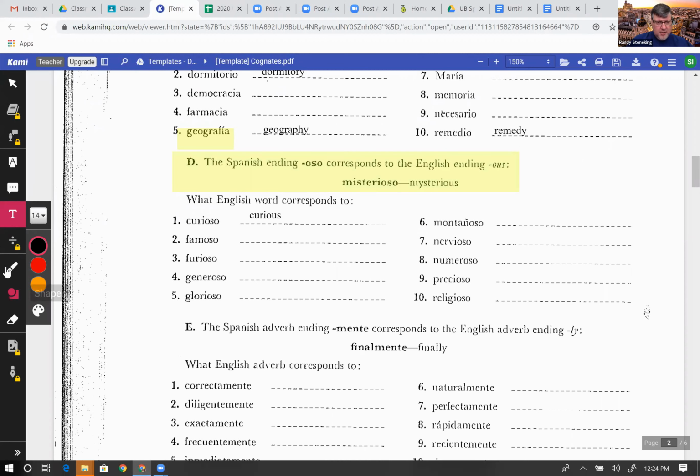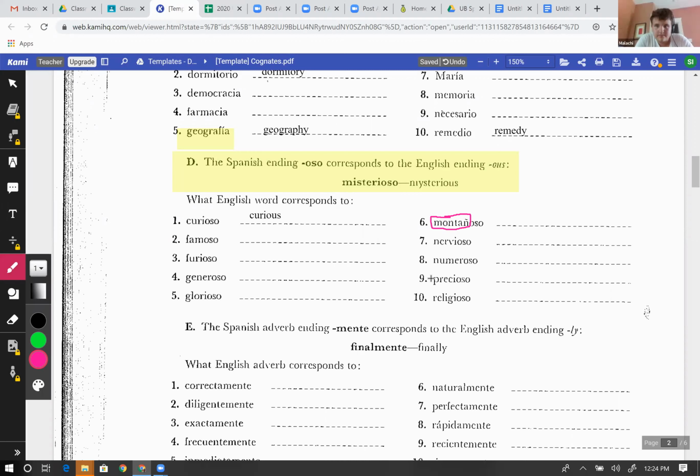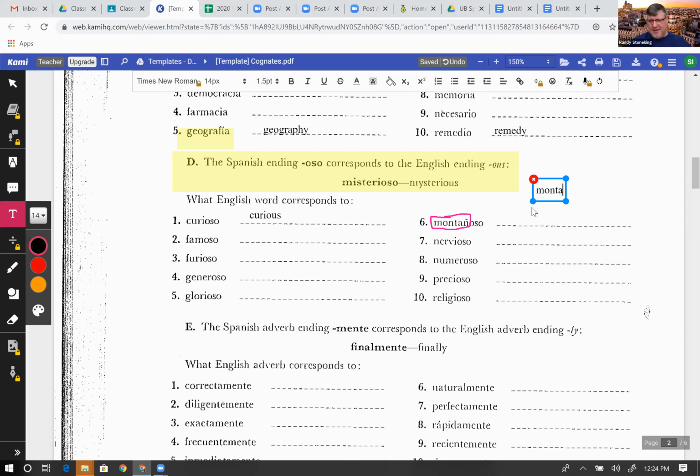So what do you guys think is this part of the word? What's a montaña? Montaña. I can't make the little squiggly over the n, but montaña is a mountain. That's where we get the state of Montana. It's a Spanish word, montaña. So what do you guys think that montañoso would be?